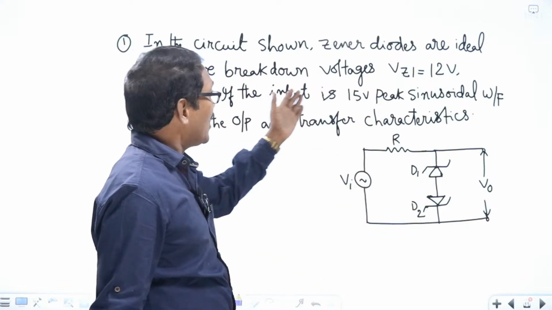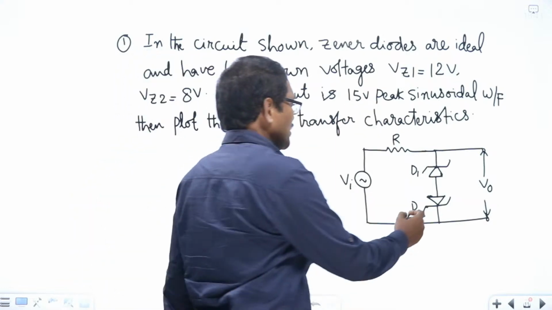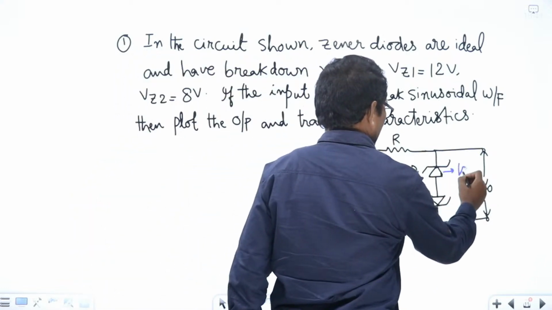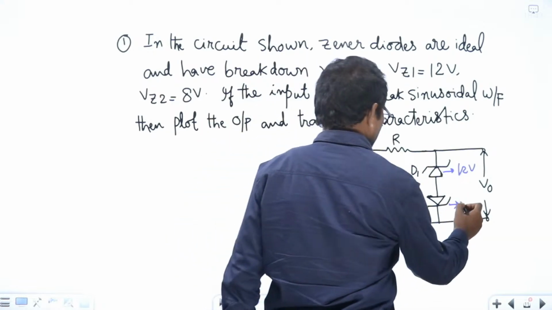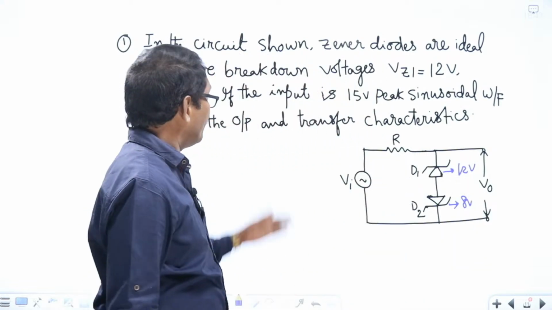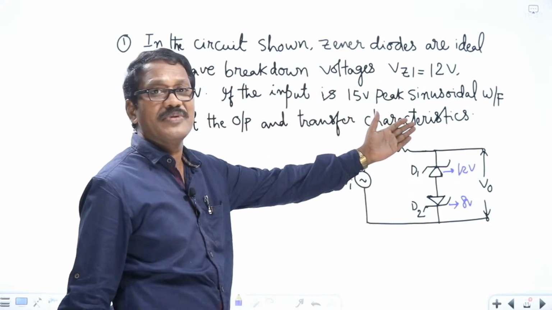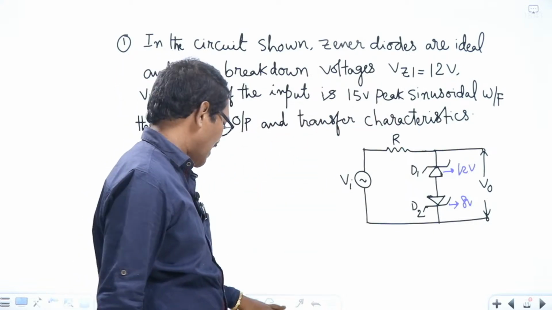The breakdown voltage VZ1 of D1 is 12 volts, and the breakdown voltage VZ2 of D2 is 8 volts. If the input voltage is a 15 volt peak sinusoidal waveform, then plot the output and transfer characteristics.